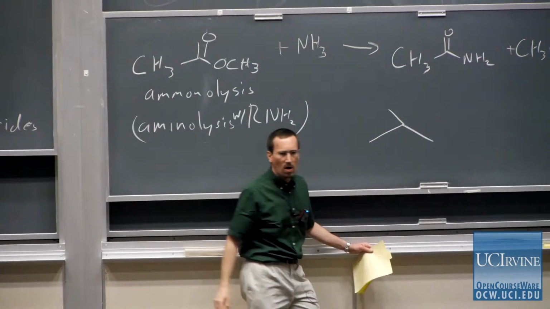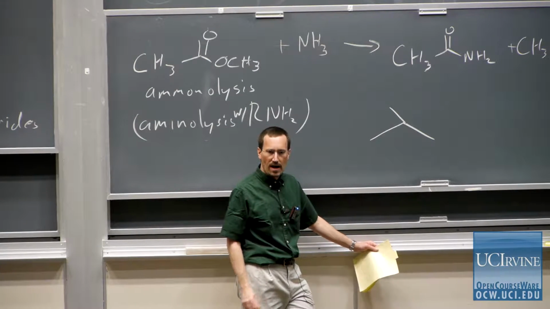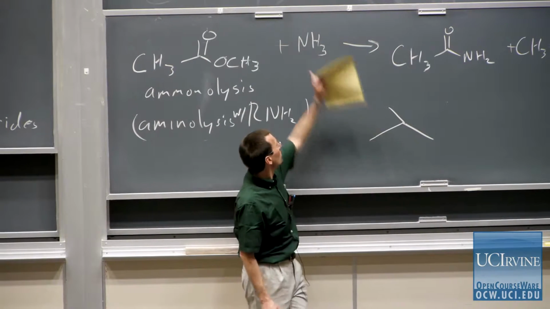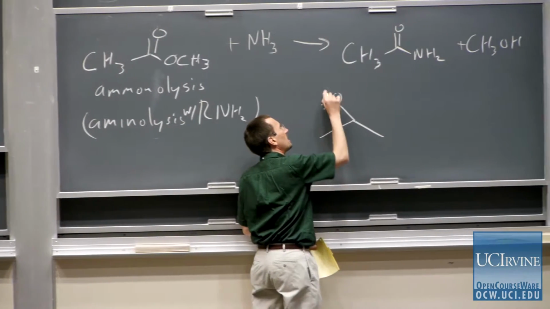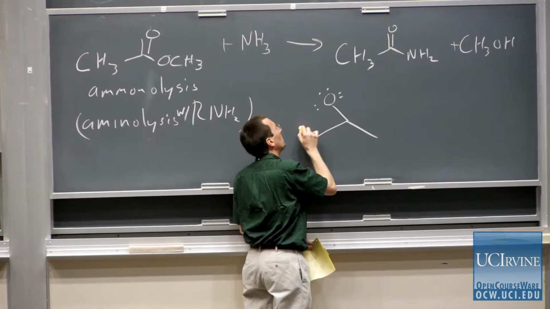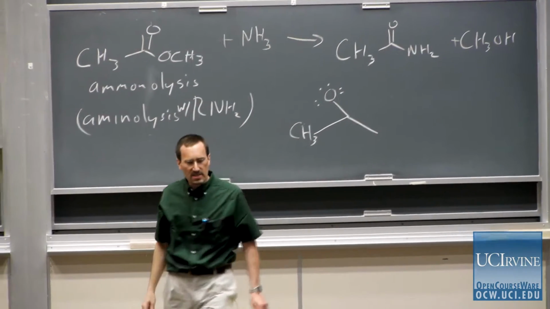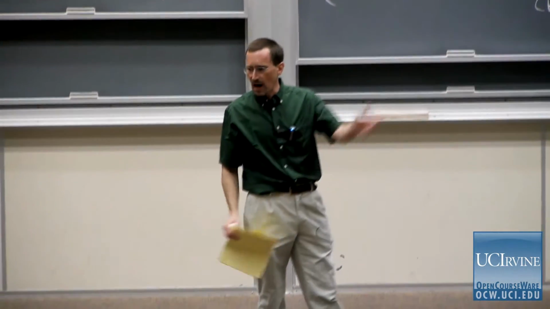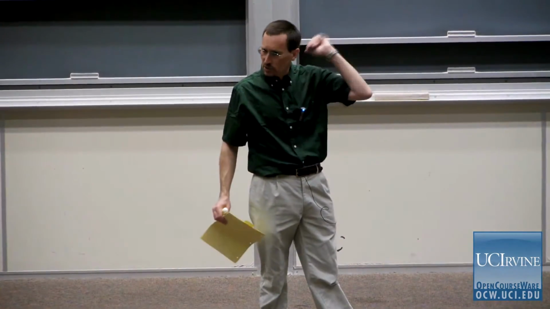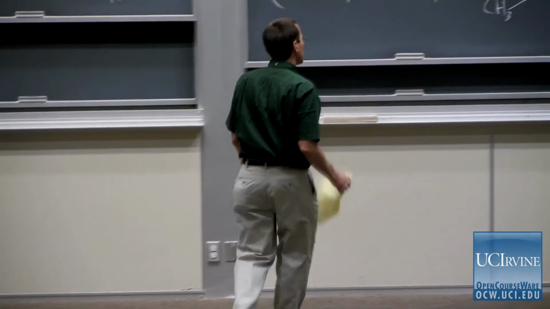And the mechanism for this, I'm not going to write it out in gory detail because you've seen all of the principles with acid chlorides and anhydrides. The ammonia is a nucleophile. It has a lone pair of electrons on it. It can attack the carbonyl, even though the carbonyl of an ester is not nearly as electrophilic as the carbonyl of an anhydride or a chloride that has a good electron withdrawing group pulling away electron density.